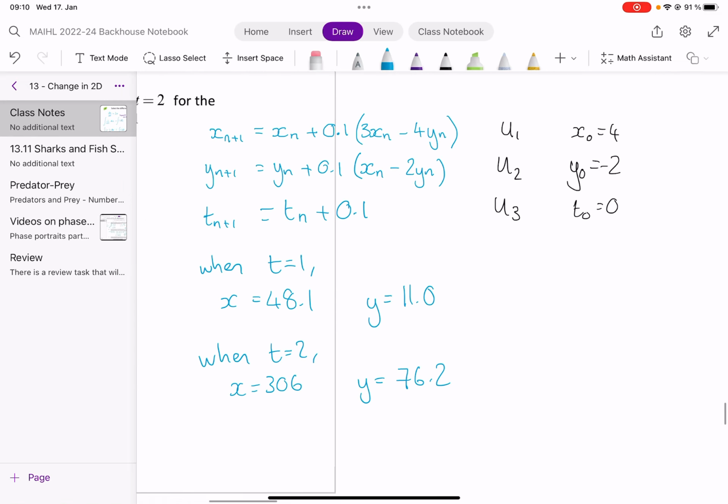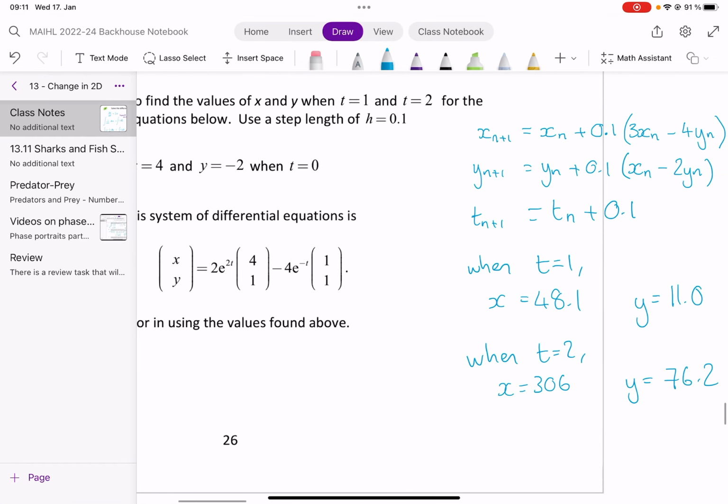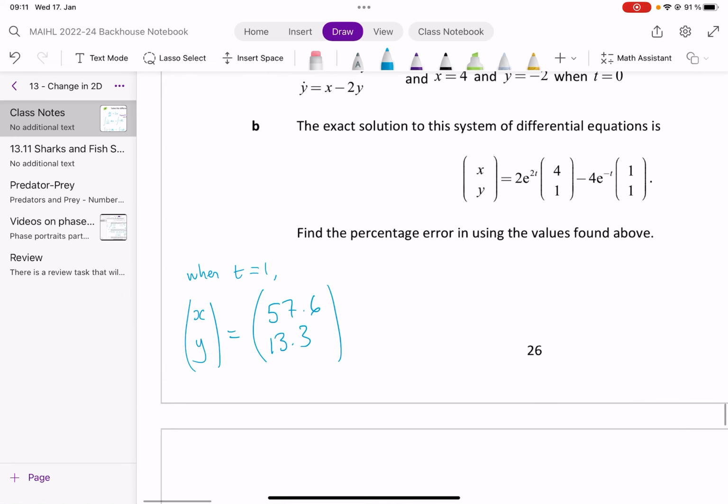This one over here is an approximate solution, so it is less accurate. If I made the h, the step value, smaller, I should get a more accurate solution. If you want to try doing that, change the h in all 3 equations to 0.01, and you should find you're getting a more accurate solution.